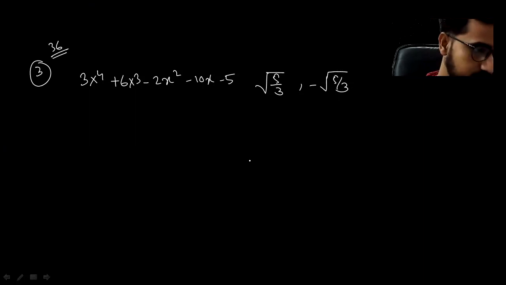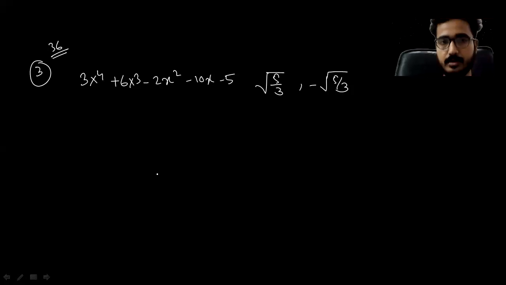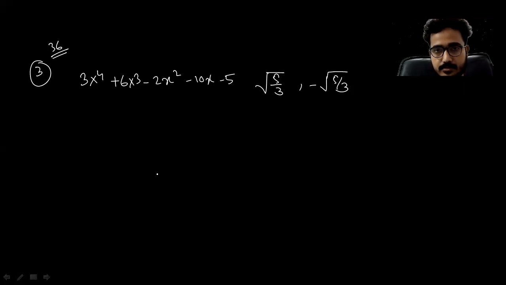Yes or no? Similar questions we have already discussed. So write down the solution. Now see, two roots are given. Since it is a polynomial of degree 4, the polynomial has 4 roots, yes or no? Now only two roots are given, then you have to find the other two roots.